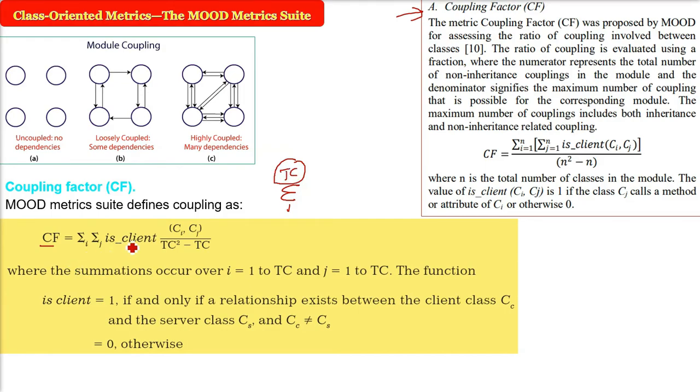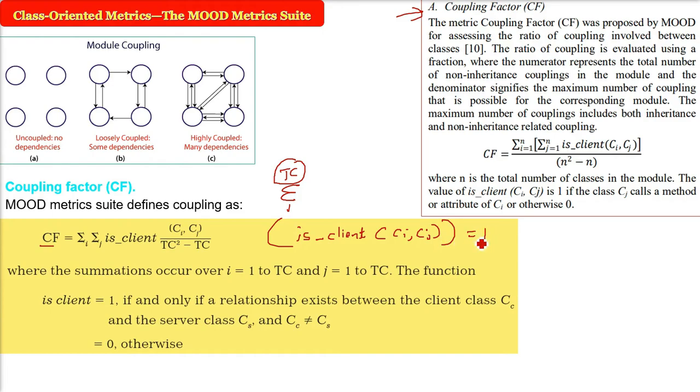Now is_client. What is this is_client? Is_client, and in the bracket we have Ci comma Cj. So there are 2 different classes. Now this whole result will be 1 or 0.